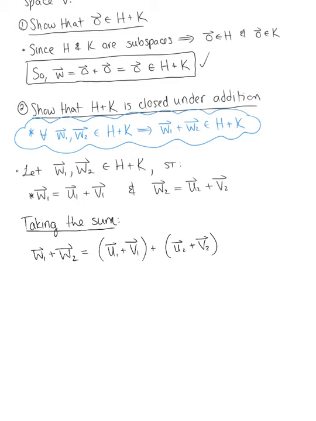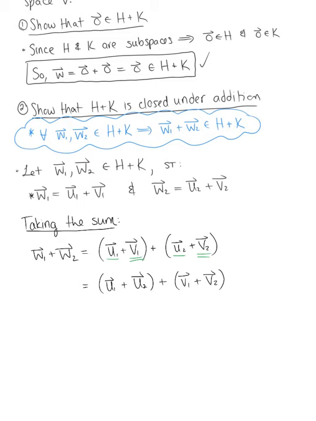And we can group up our like terms here. We'll group the U's together and we'll group our V's together. So this is equal to vector U sub 1 plus vector U sub 2 plus vector V sub 1 plus vector V sub 2.